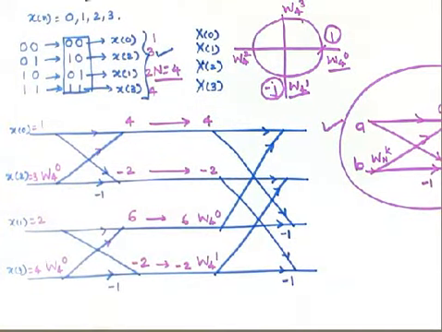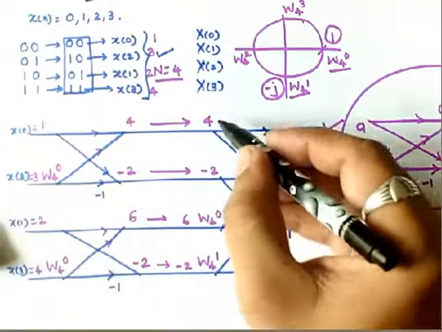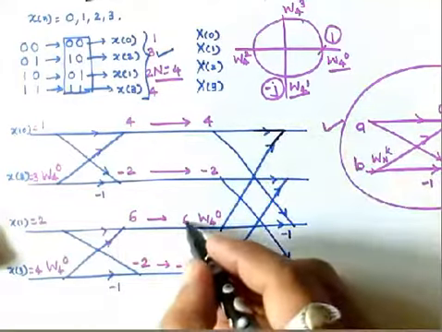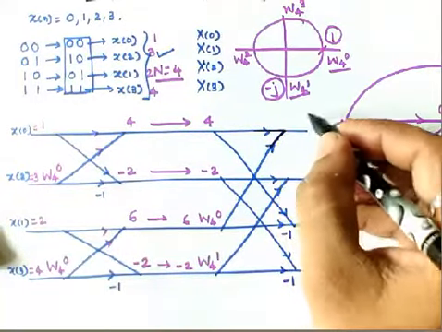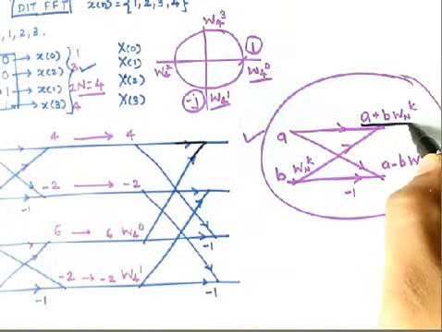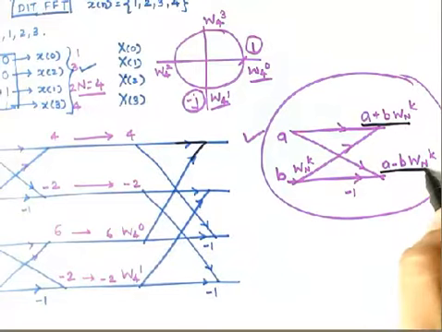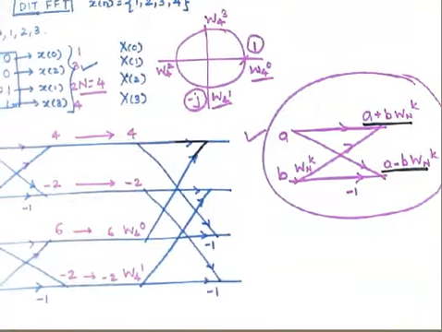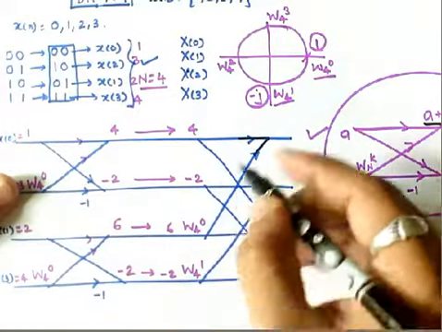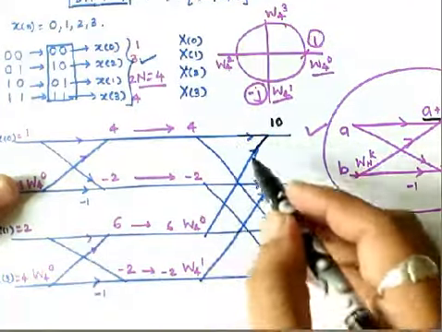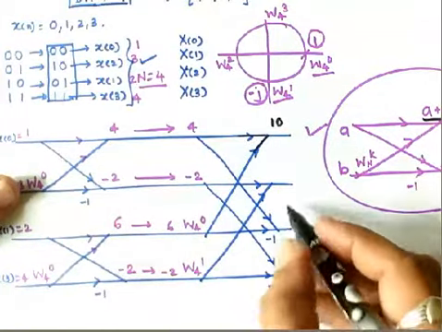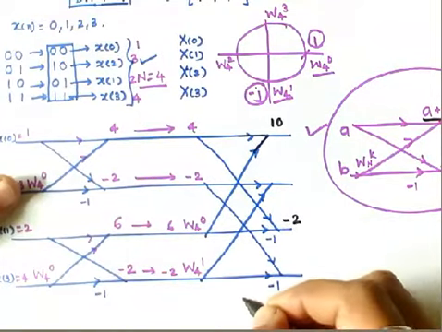Now once these values are carried forward, let's trace this value properly: 4 plus 6, W4 raised to 0. The upper part is done by this calculation, and the lower part by A minus B times W N raised to k. 4 plus 6 is 10. Similarly the lower part, 4 minus 6, is minus 2.